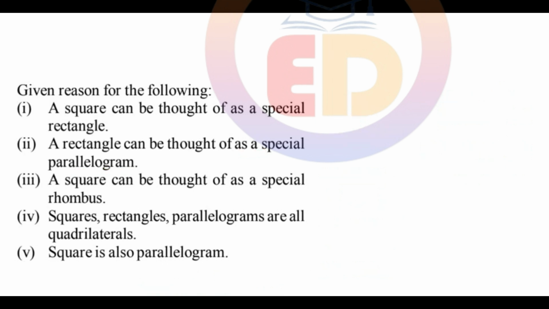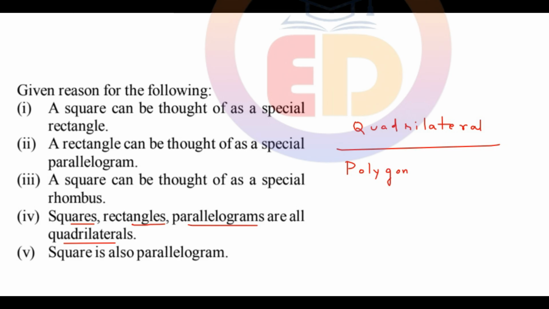Fourth, squares, rectangles, parallelograms are all quadrilaterals. Quadrilateral. Now a quadrilateral is a polygon with four sides. Now we see the square has four sides.